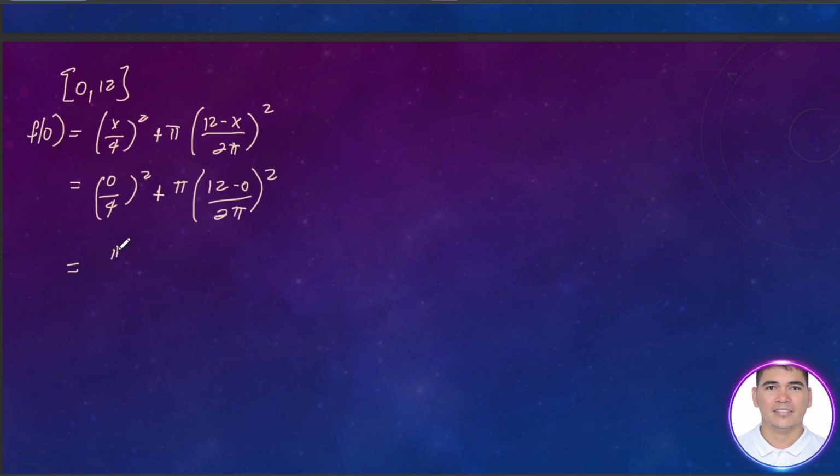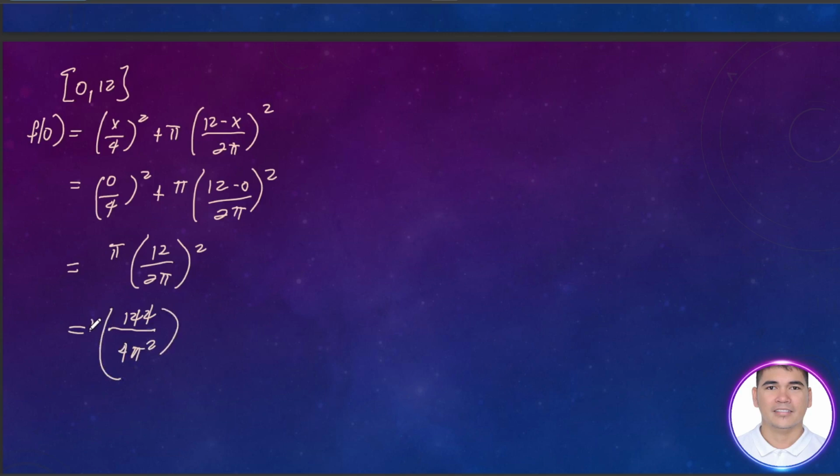We get pi times 12 over 2 pi, squared. 12 times 12 is 144, and then we have 4 pi squared.